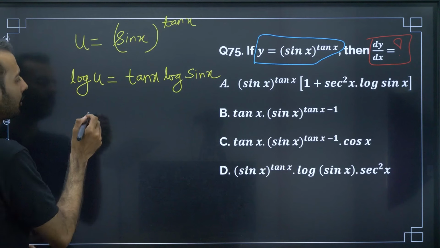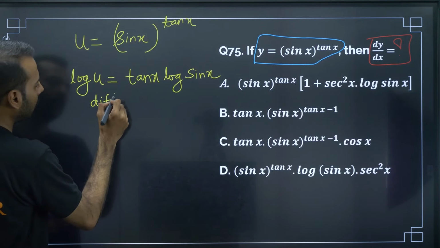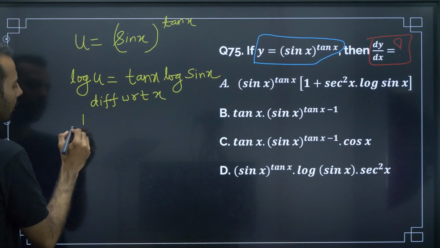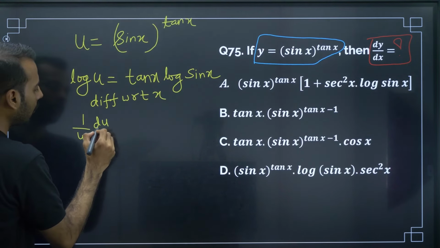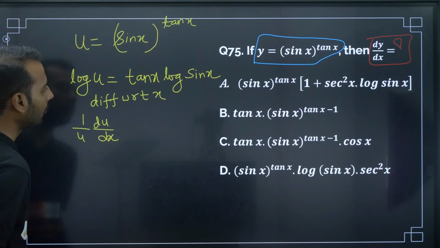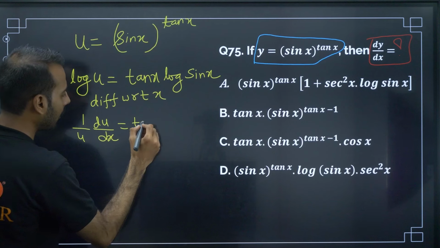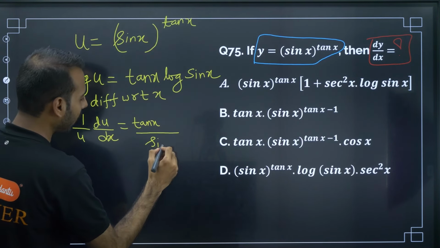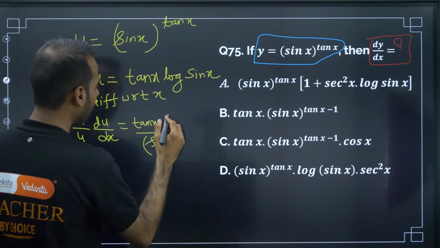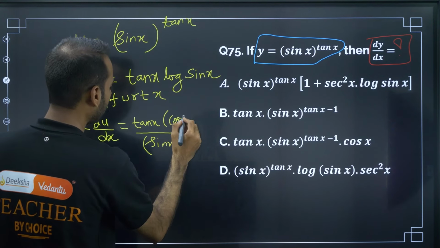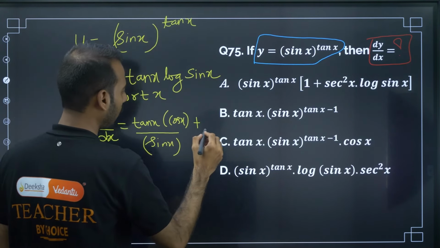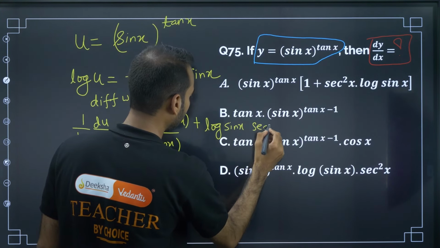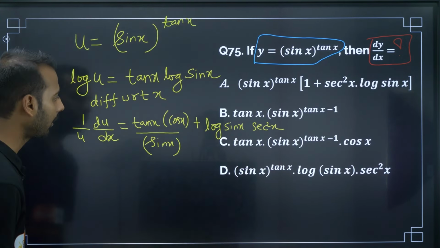Now I will go for differentiation. Differentiate with respect to x. So differentiation of log u is 1 by u du by dx. Tan x I will keep as it is. Differentiation of log sin x is 1 by sin x, and differentiation of sin x is cos x, plus log sin x. Differentiation of tan x is secant square x.